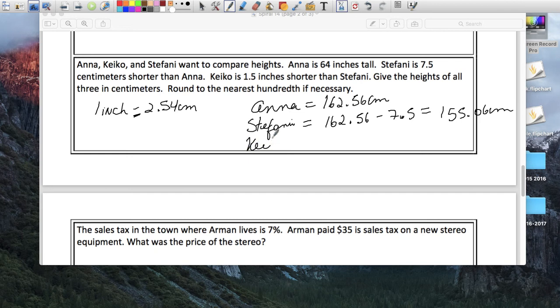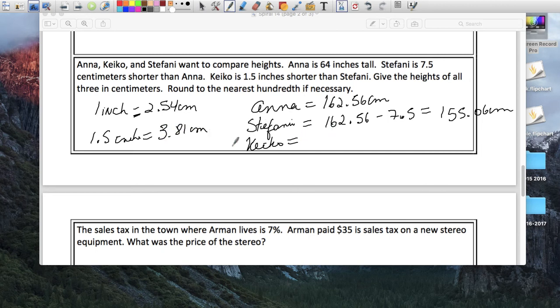And then Keiko, she's shorter than Stephanie. Well, it's 1.5 inches. So if 1 inch is 2.54, 1.5 inches is going to be 2.54 and half of 2.54, which is going to be 3.81 centimeters.